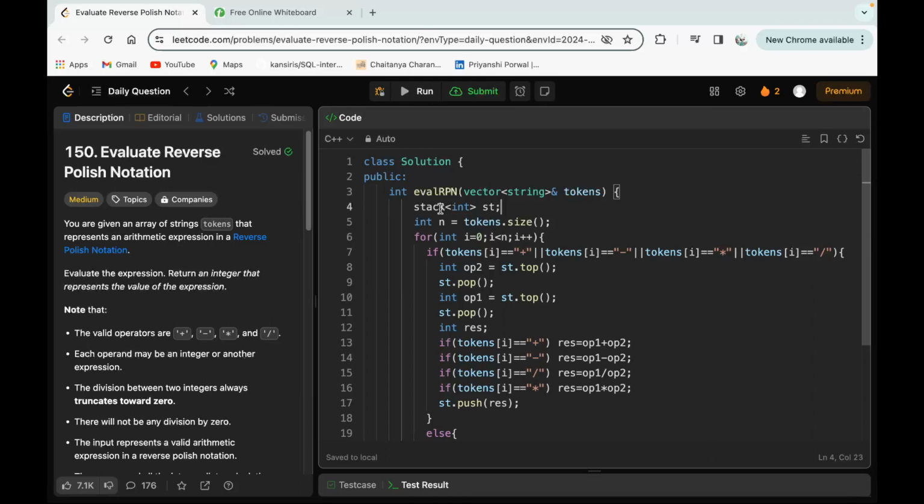So there will be operators and numbers, so it's kind of n minus x something, we don't know the number of operators that are going to be in the tokens array, but we can surely say that the upper bound will be big O of n only. So time and space complexity were both big O of n in this case.